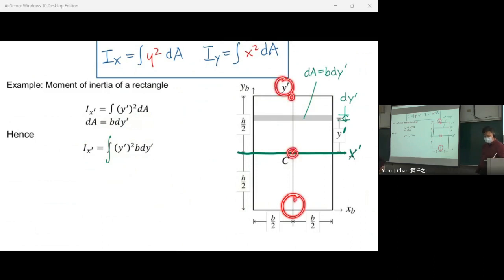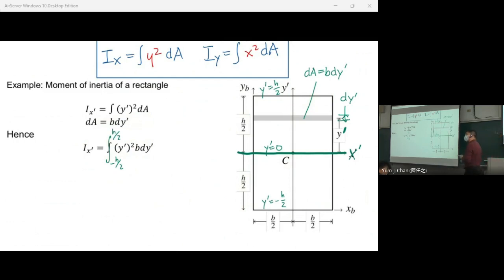So y prime is equal to 0 here, and this one is half of h. So this y prime is equal to plus half of h, right? And this one is equal to minus half of h. So we should put minus half of h to half of h.